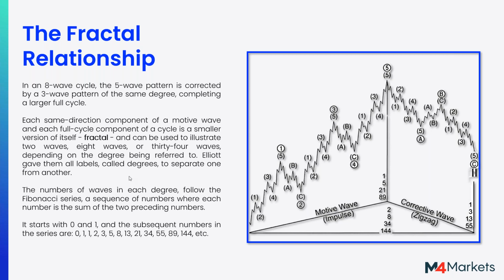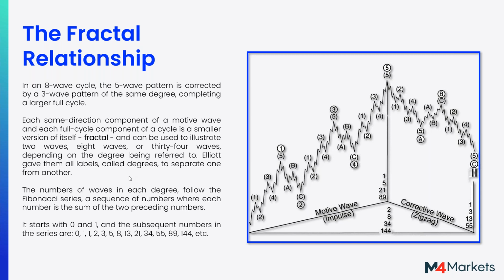Elliott himself gave them all labels and called them degrees to separate one from another, so that we as traders, Elliottians, are able to more easily identify and label the cycles and use the fractal relationships a little bit easier.